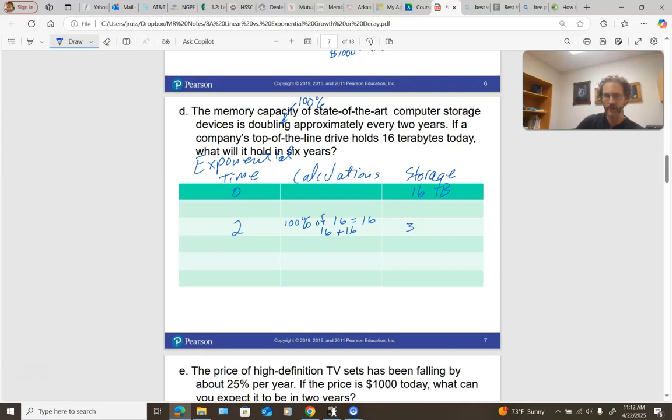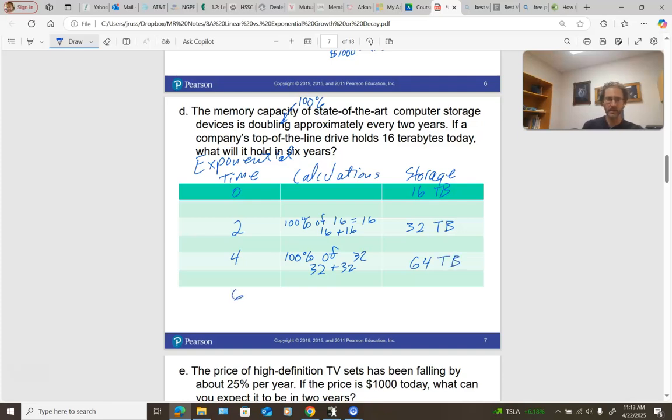And that gives you a total of 32 terabytes. Okay. The nice thing about doubling, guys, is that you don't have to multiply by a decimal. Okay. Because we can double things in our heads easily. And then over that next 2-year period, it's 100% of now 32 terabytes, which would be 32 plus the original 32, okay, is going to be 64. So we're just doubling again, okay.